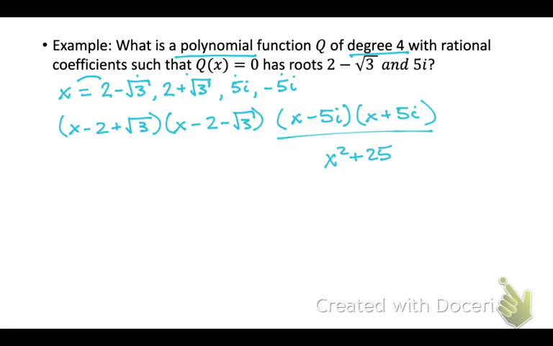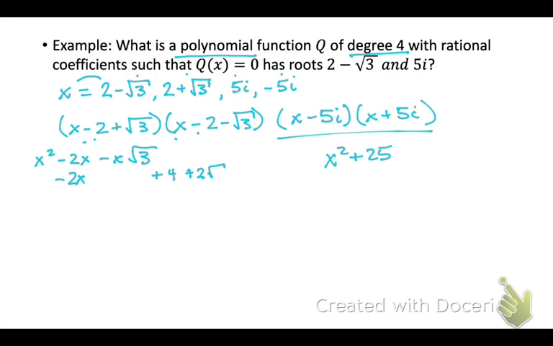So you're going to FOIL this out. Do you think we have enough time to do it quick? Yeah. Okay, so we have x squared minus 2x minus x square root of 3, and negative 2x plus 4 plus 2 square root of 3. No, x. Yep.